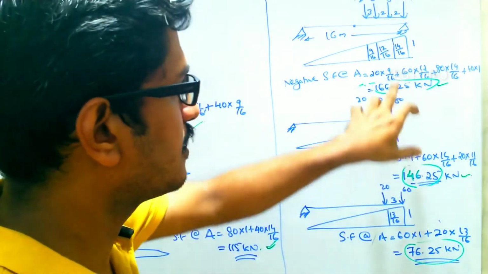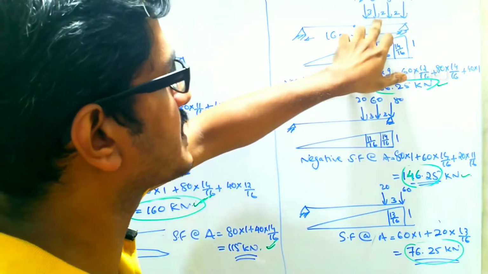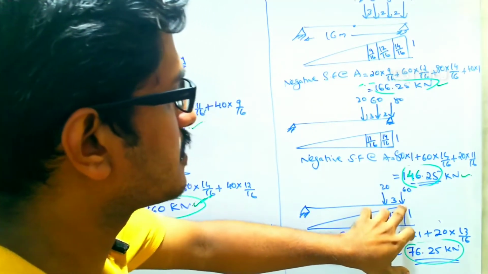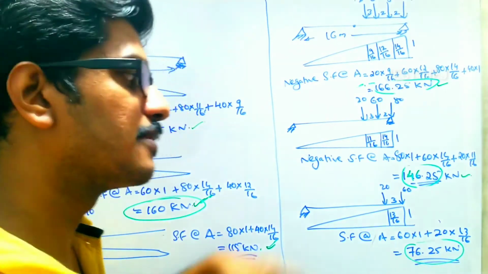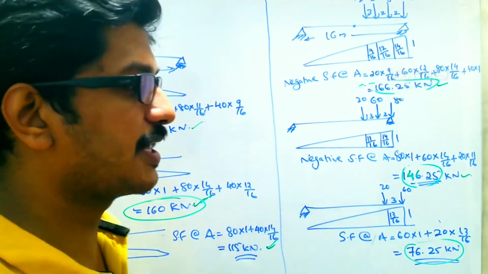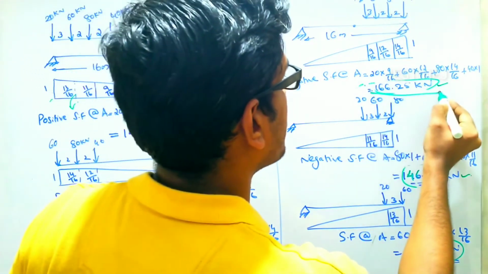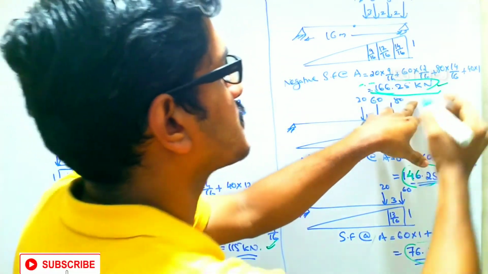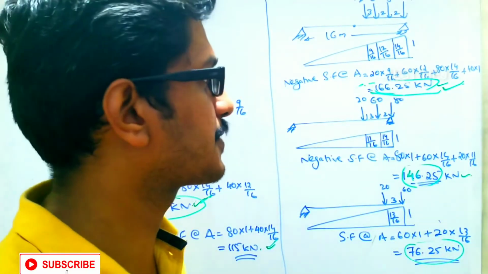Then consider the third case, with 60 kilonewton placed over the support B. Then you will get 76.25. Applying the last case, the value again decreases. So in this case, the maximum negative shear force value is 166.25 kilonewton.